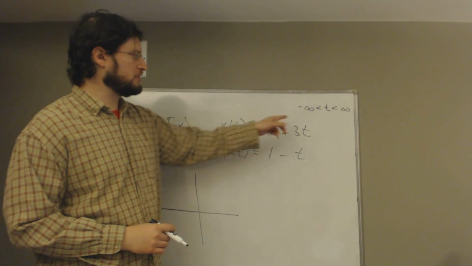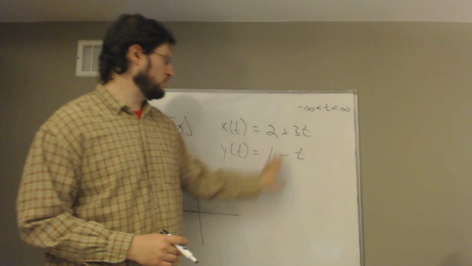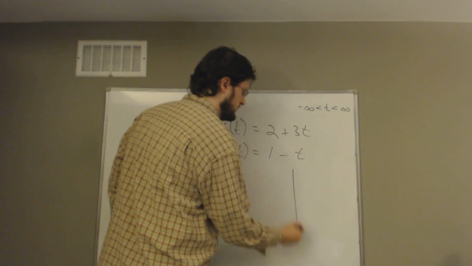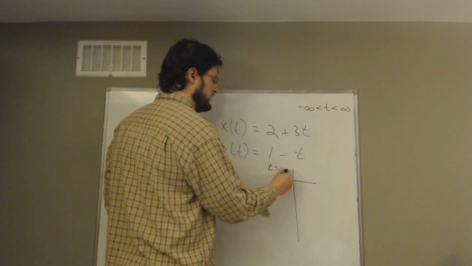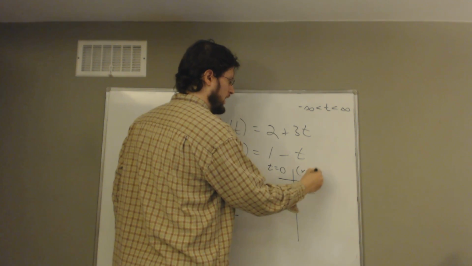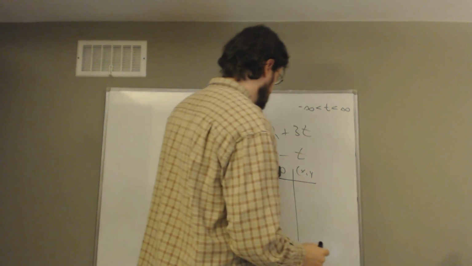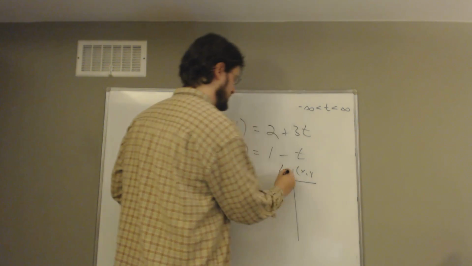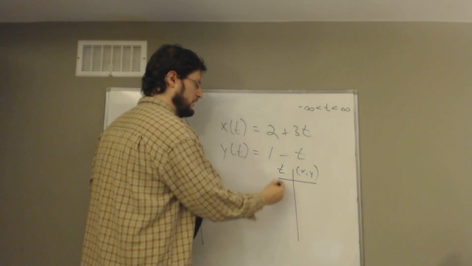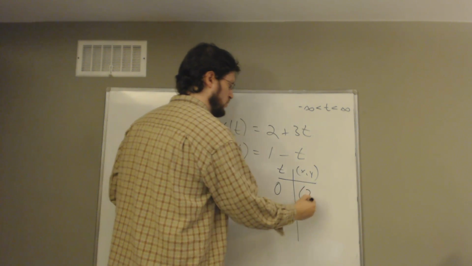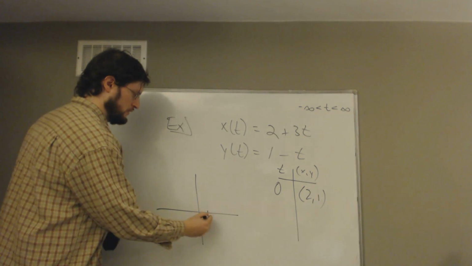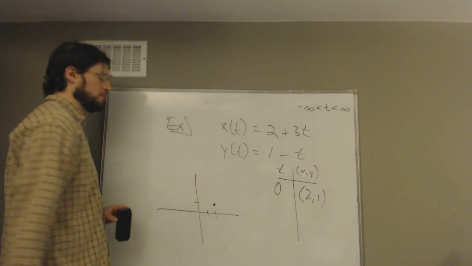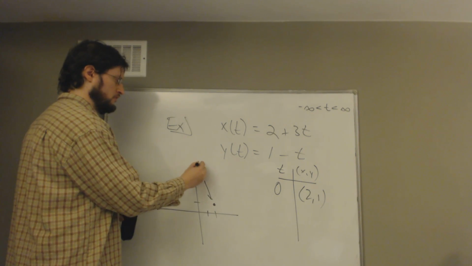If I plug t equal to 0 in, then I get x is 2 and y is 1. So the xy point is 2, 1. That's where we are at time 0.